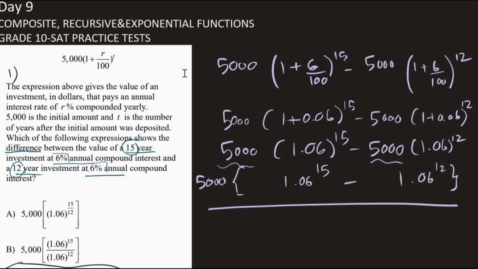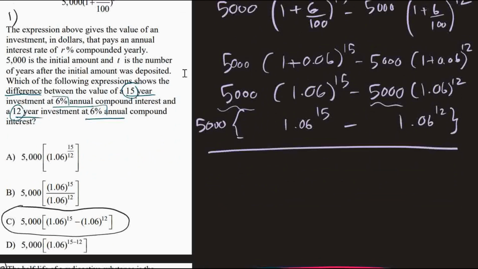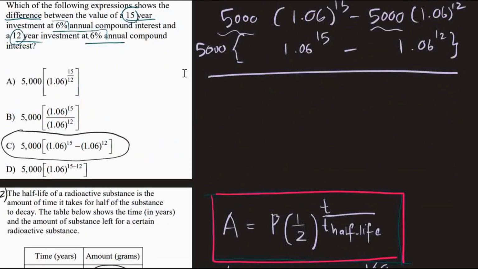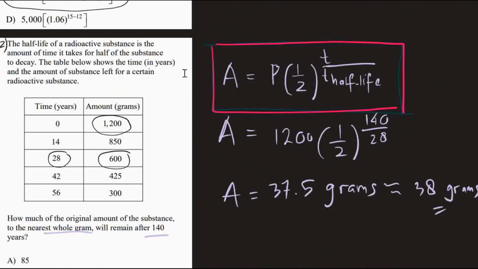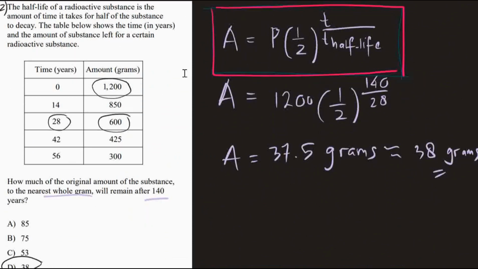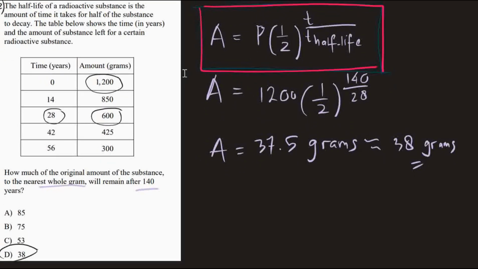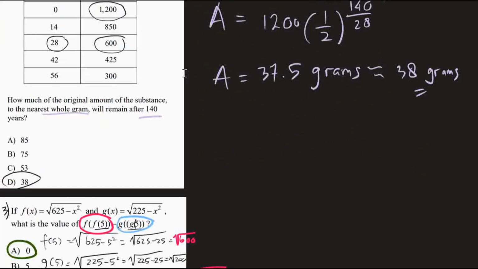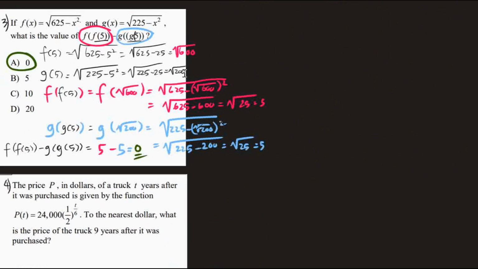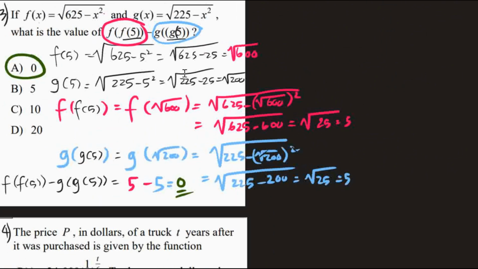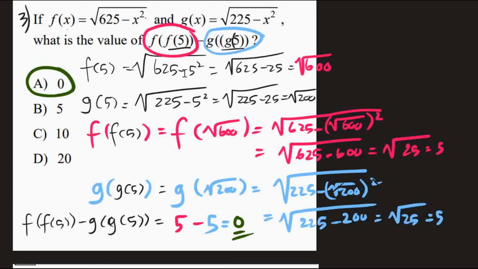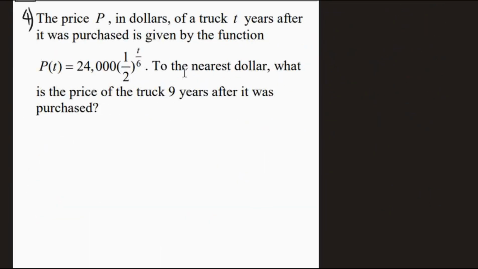So this is the mark scheme for number 1, C. This is the mark scheme for number 2. This is the mark scheme for number 3. This is the mark scheme for number 4.